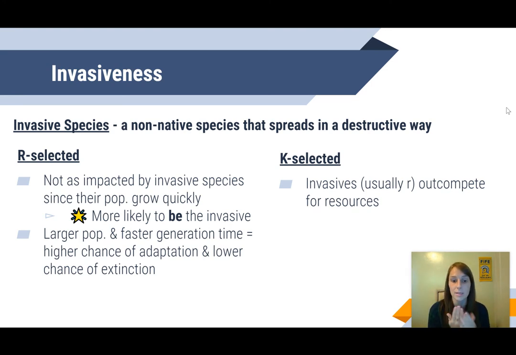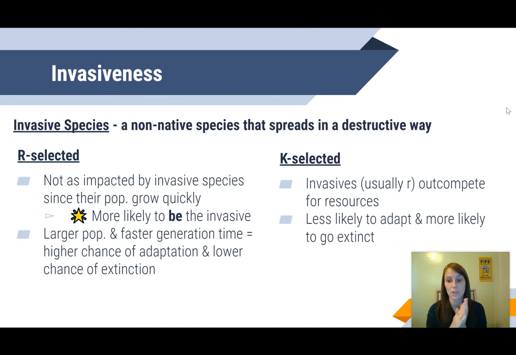And this is because they just don't really have as much adaptation potential because they have populations that have slower growth. And so those adaptations are going to have less time to be expressed and to spread throughout the population. So they're going to be less likely to adapt and more likely to go extinct because they couldn't deal with the changes.